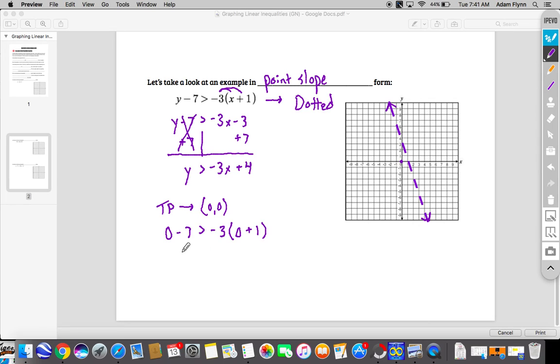So 0 plus 1 is going to be 1. So we have 0 minus 7, which is negative 7, is greater than negative 3 times 1. Negative 3 times 1 is going to be negative 3. Sign's not changing at all because we're not multiplying or dividing by negative. So we get negative 7 is greater than negative 3. This is false.